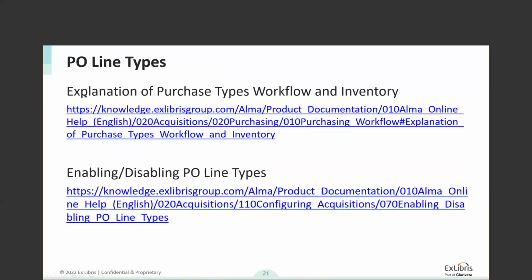So this is a link to the documentation for explanation of purchase types, workflow, and inventory getting created or not. And then here's enabling and disabling PO line types. If you see examples in that list that you know you're not going to use, you can disable those particular lines so that your staff doesn't have to see them, and no one will choose them if you're not going to use those.